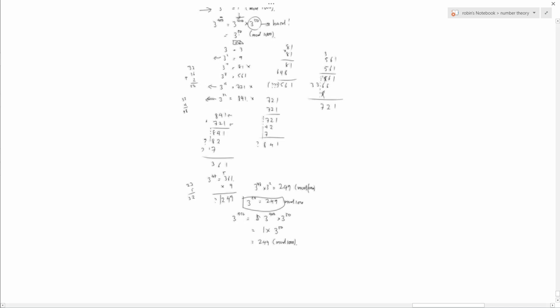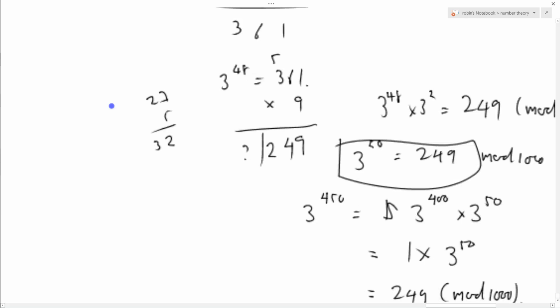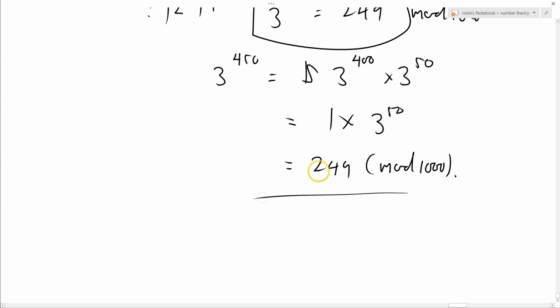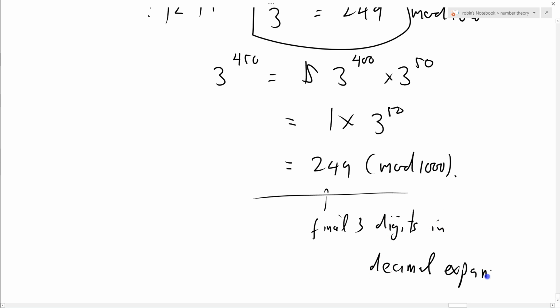Look at all this rubbish here. There it is. So 3 to the power 450 equals 249 modulo 1000. So that's the final 3 digits in the decimal expansion. Which is nice, and I'm going to stop there.